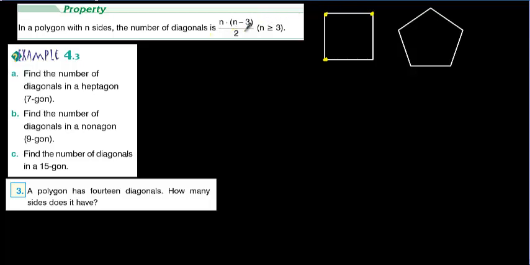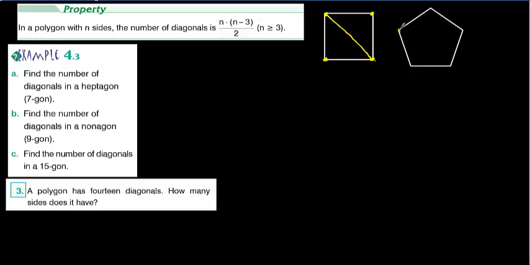Why over 2? Because when you draw one diagonal from this point to this point, then from this point you can draw to this one, and actually they are the same diagonal. So one diagonal is drawn 2 times, from one vertex to another, and we need to eliminate that 2, and the formula becomes n times n minus 3 over 2.